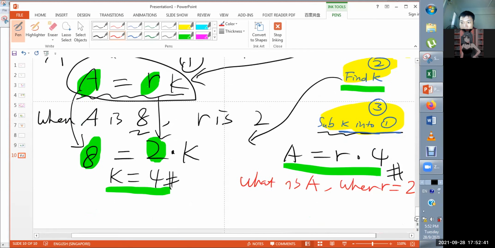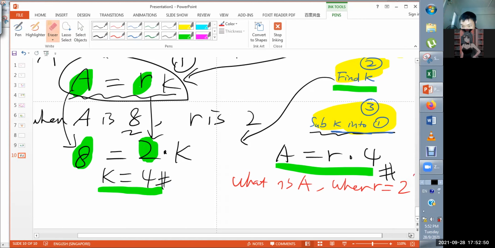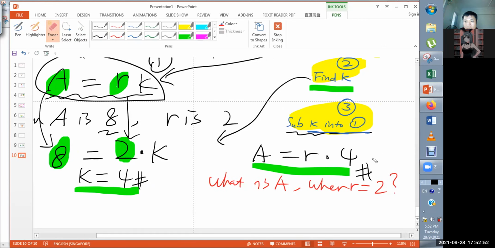What is A when R is 2? Given A equals to R times 4, A then equals to, because R equals to 2 times 4, so therefore it equals to 8.